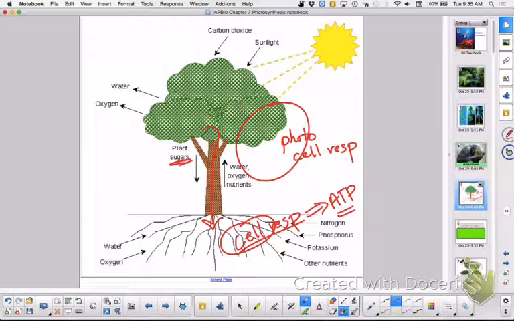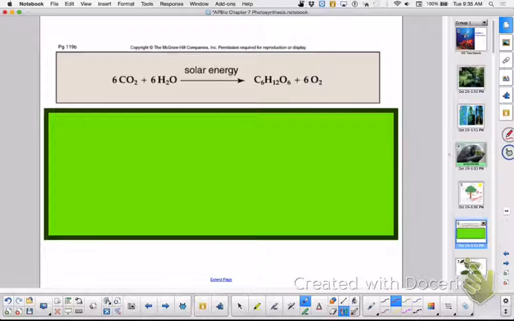Now, the process of that, take a look right here. We know that some items are going to get reduced and some are going to be oxidized. They just simplified this right here. So I would like Slate to identify, we've done this once before, what gets reduced and what gets oxidized.